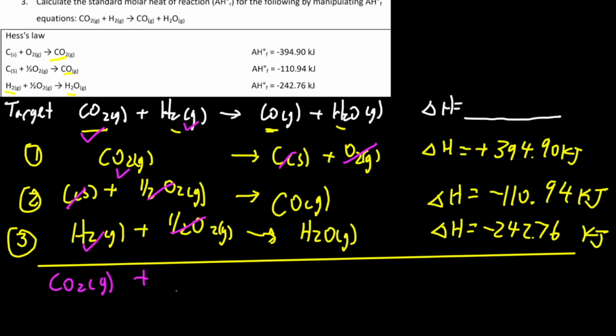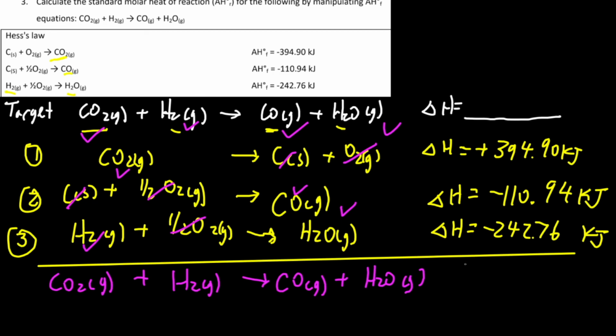So we're trying to match our target equation. Produces CO gas, that's good. And H2O gas, great, that's good. So now that this matches, we add up the delta H values, and by doing so, we get 41.2 kilojoules.